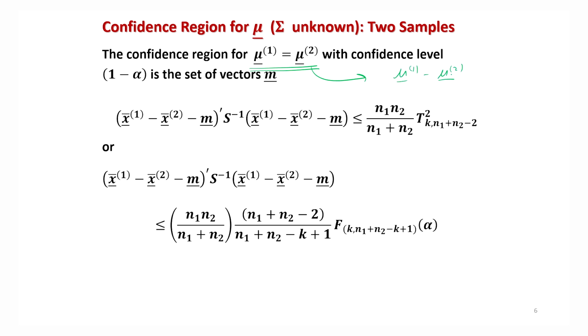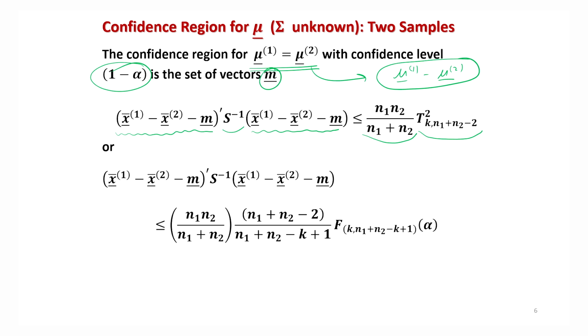If you want to find the confidence interval for the parameter mu1 minus mu2, then it is obtained like this: the confidence region for mu1 minus mu2 with confidence level 1 minus alpha is the set of vectors m such that x1 bar minus x2 bar minus m transpose S inverse x1 bar minus x2 bar minus m should be less than or equal to n1 n2 upon n1 plus n2 into t square with k and n1 plus n2 minus 2 degrees of freedom.